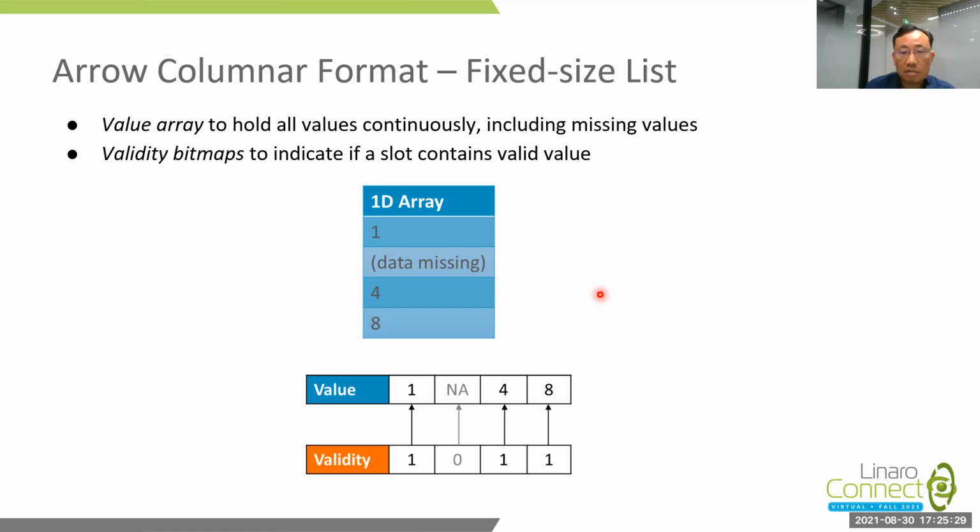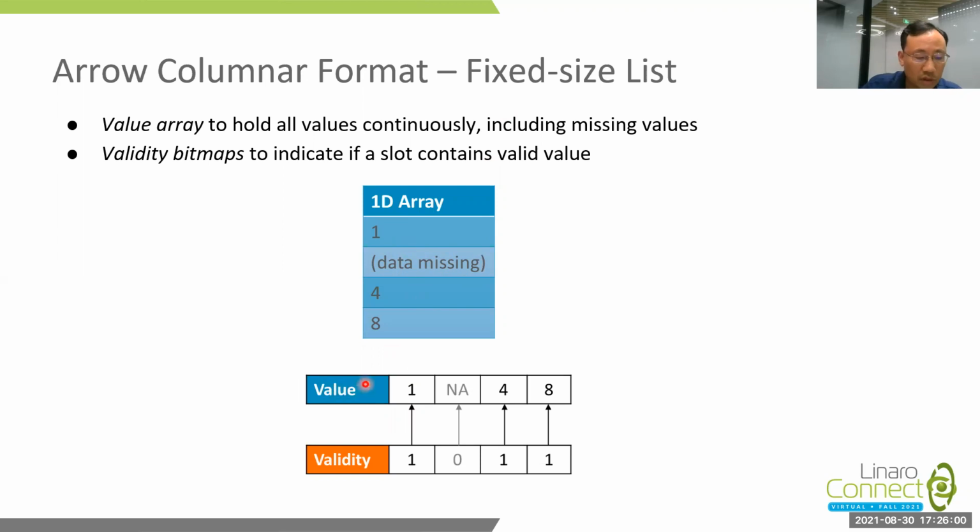Fixed size means that each slot is storing same size values, like 64-bit integers. This is a 1D array example that has 4 elements. The second element is missing. Missing data is very common in data science. Internally, Arrow will represent this 1D array with 2 buffers.